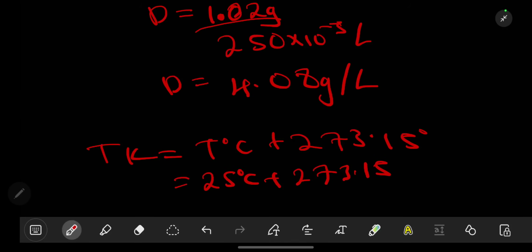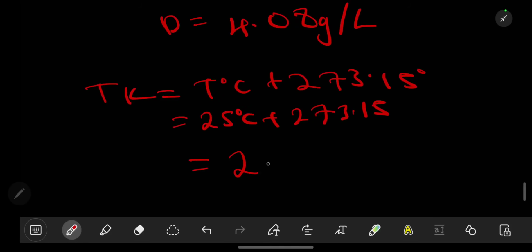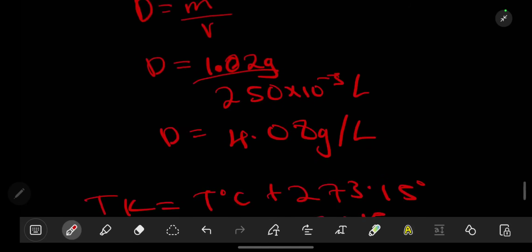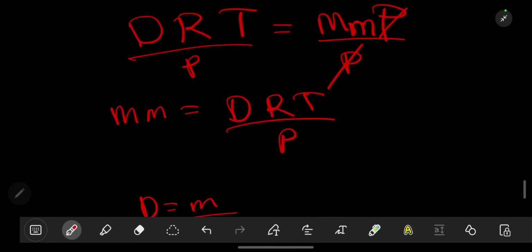This is going to give us 298.15. So this is the temperature in kelvins.